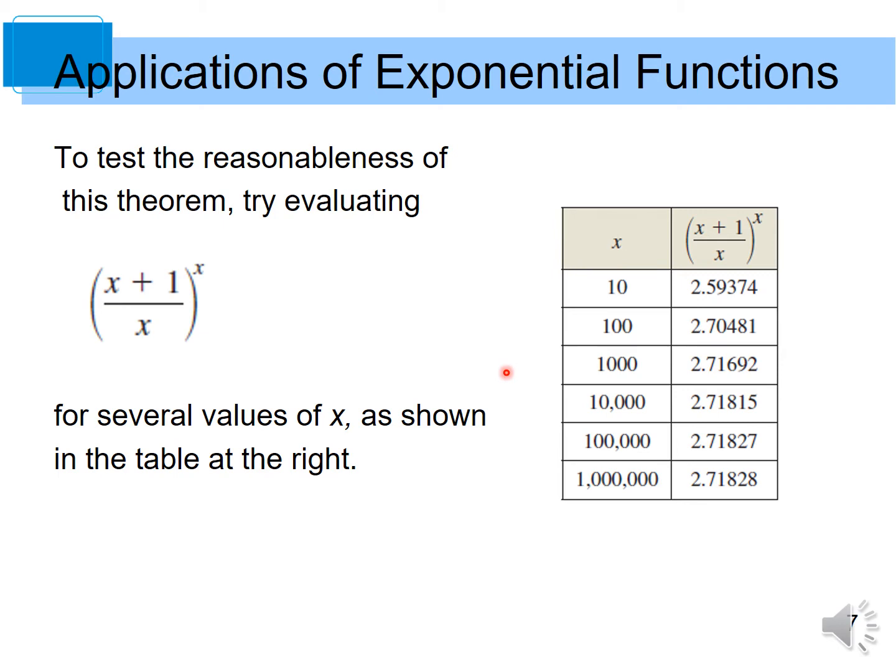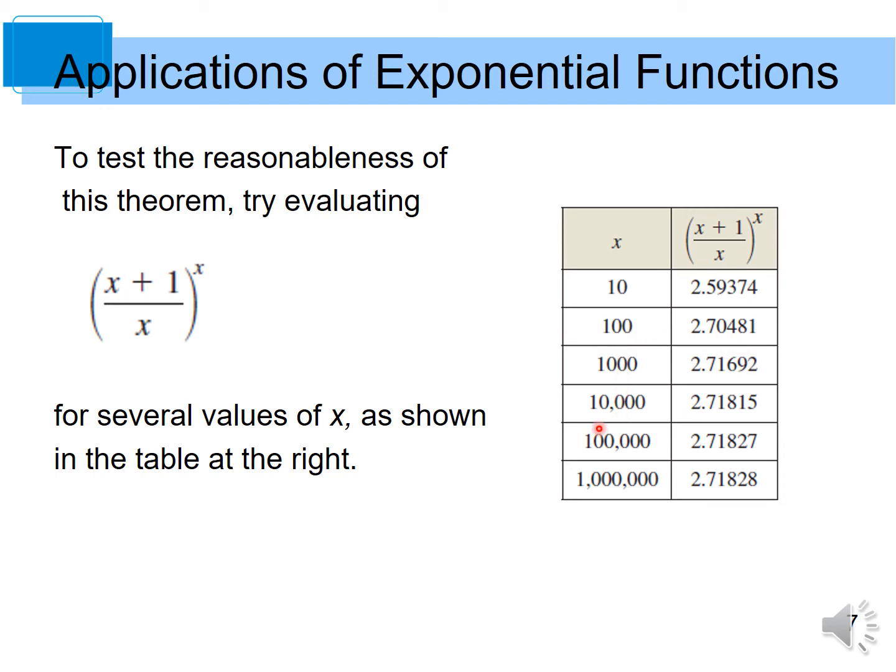Look at the proof. This is the expression. And when x tends to infinity, look at this table. When x equals 10, the output is 2.59374. And when x is 100, the value is 2.70481.